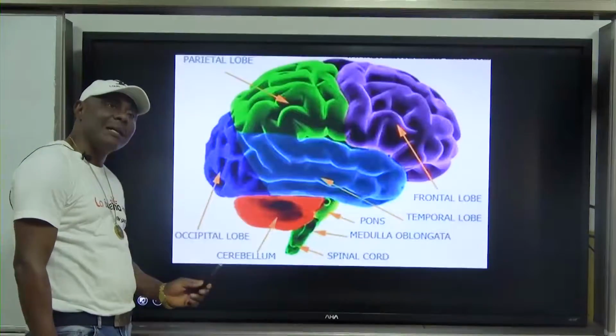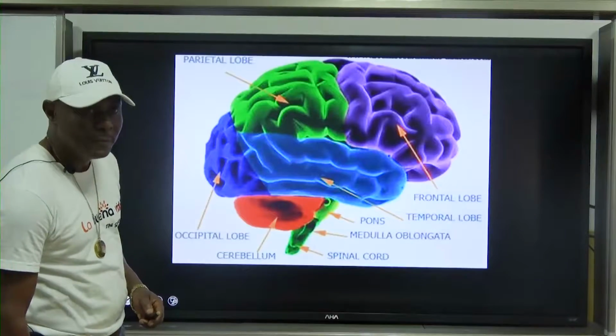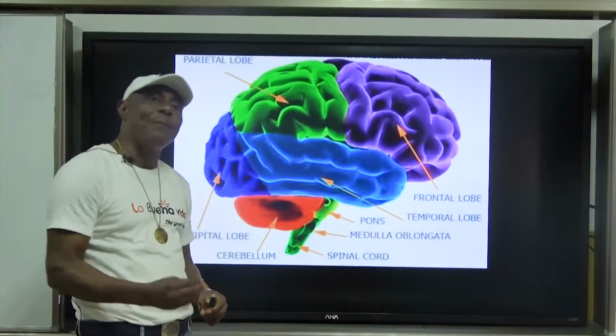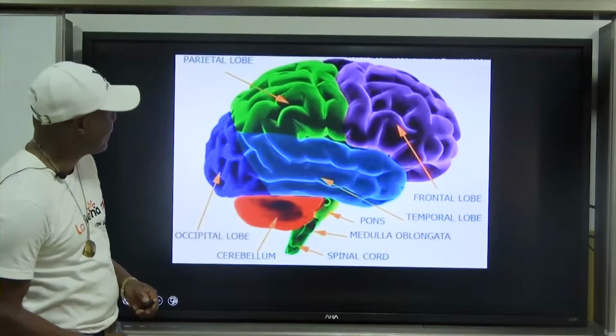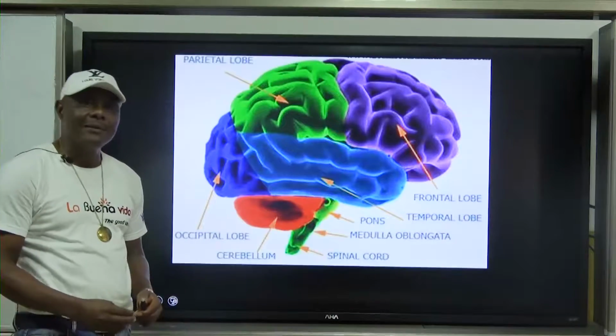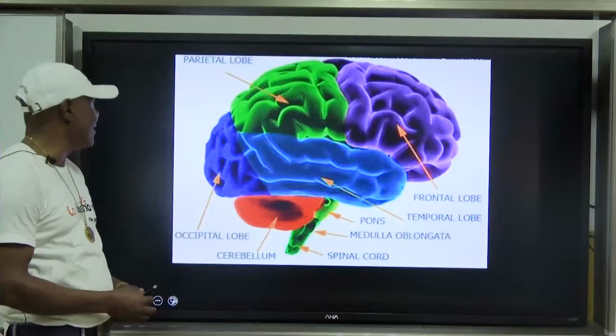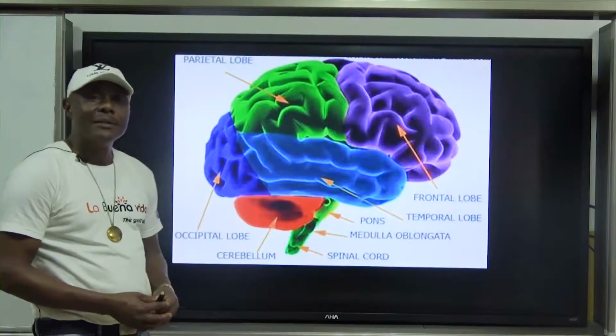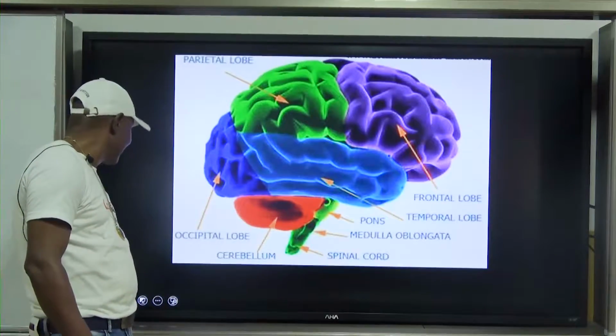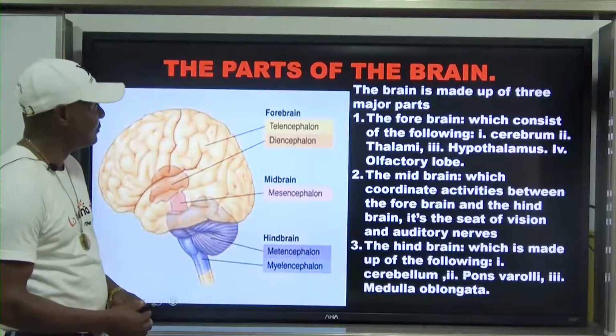In line with the left and the right hemisphere, the brain is divided into three major parts. We have the forebrain, the midbrain, and the hindbrain.